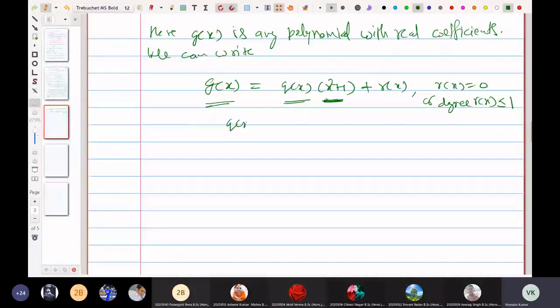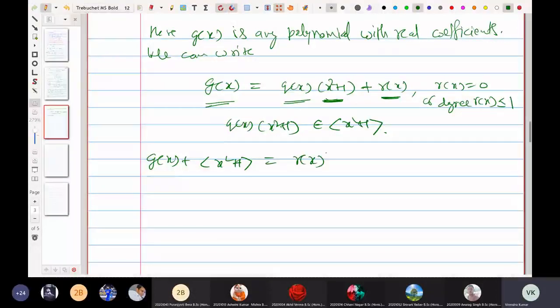So q(x) times (x square plus 1) is certainly a member of the ideal. Therefore we are left with this only. So g(x) plus the ideal is equal to r(x) plus the ideal. Fine.